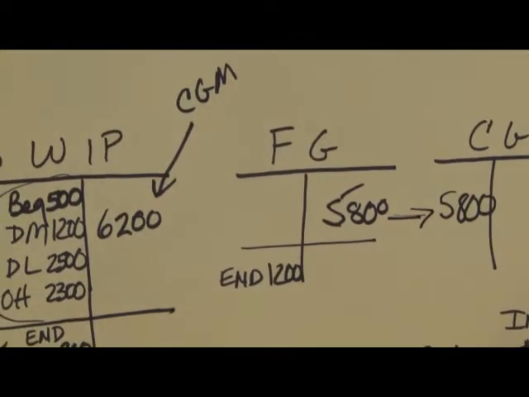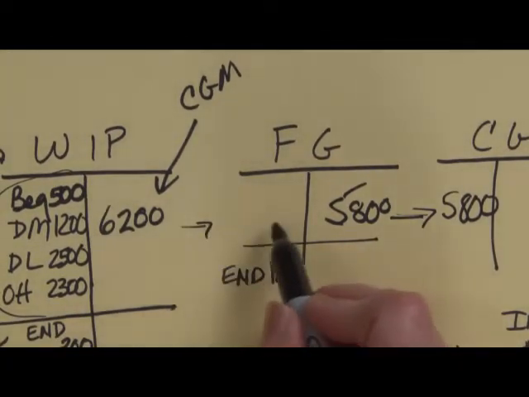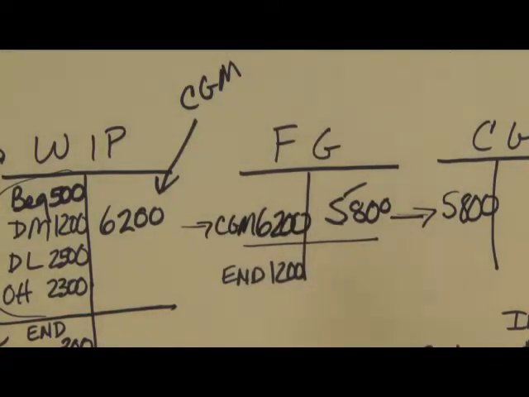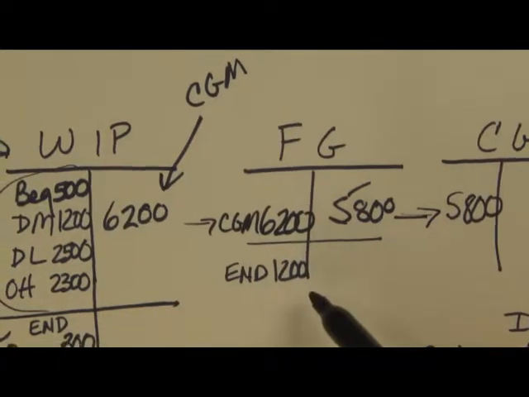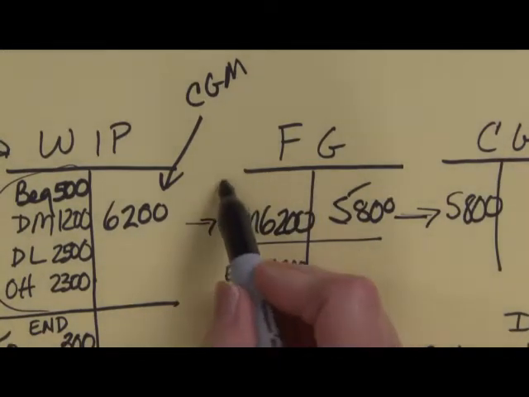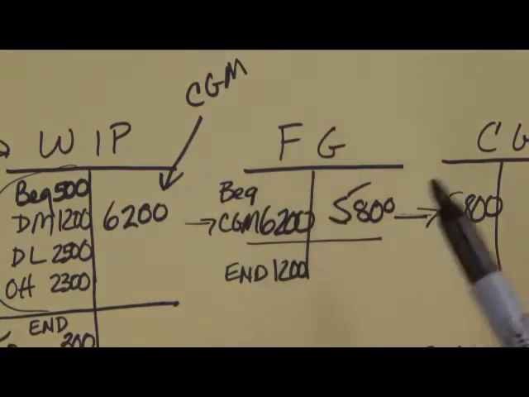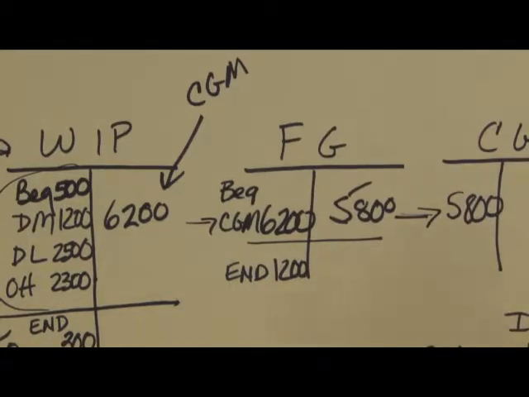All right, so let's look at this account. The $6,200, the cost of goods manufactured, will come into this account. Now, what we do here is we have $6,200 and some beginning inventory that must equal the total of the ending and the cost of goods sold.